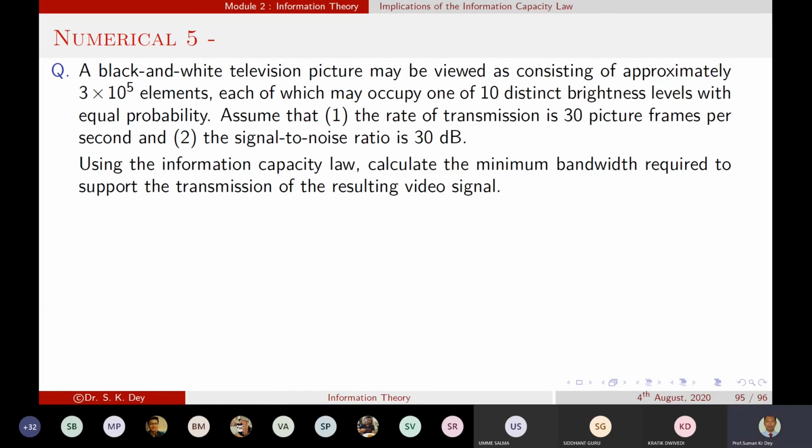Okay, solve it. We have 5 minutes. I hope within 5 minutes you will be able to complete it.